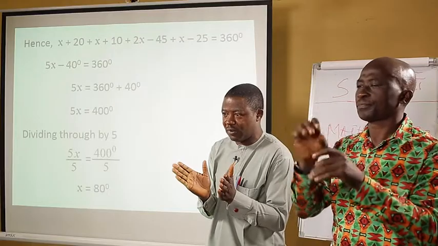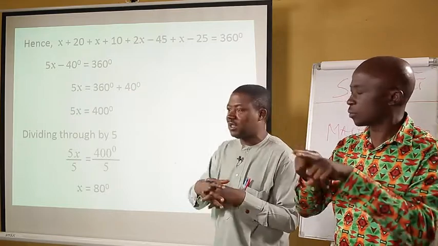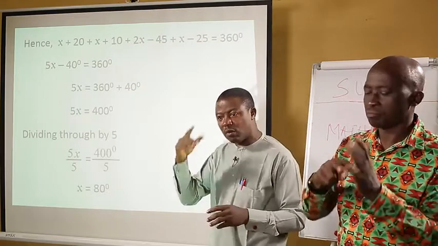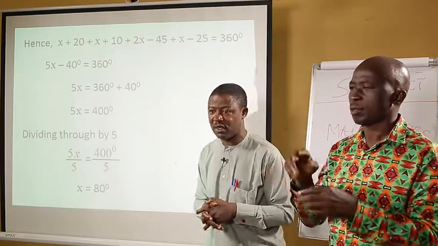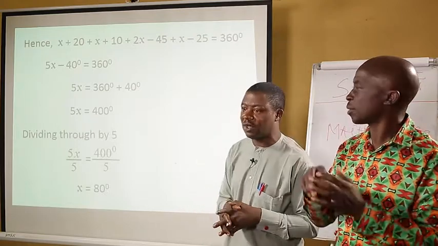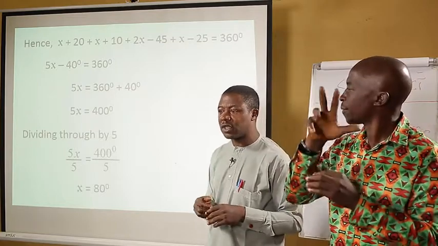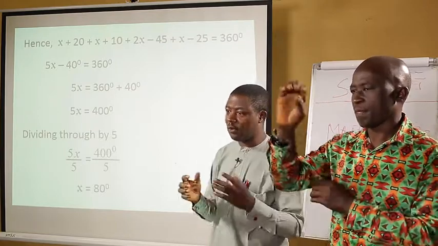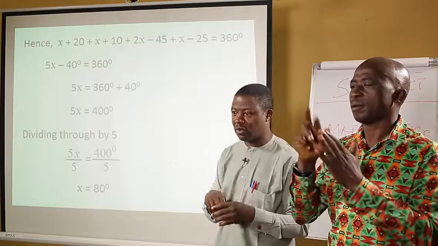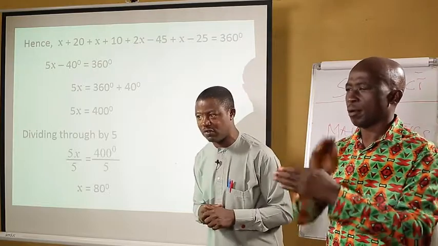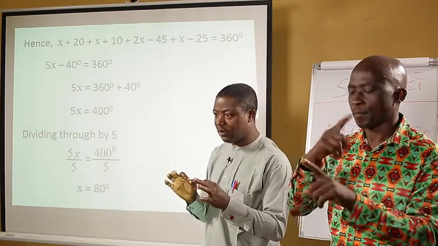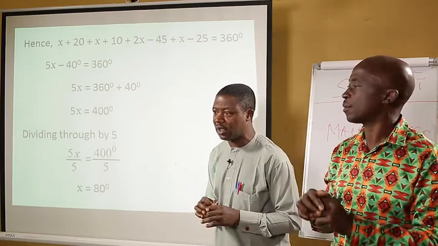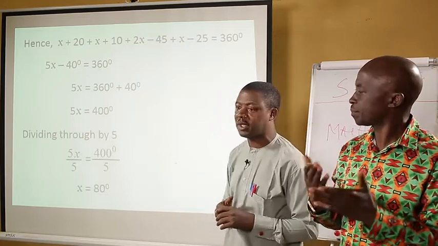Now we are expected to deduce the value of x. So we collect like terms. The 40 degrees will move to the right-hand side, becoming positive. So we have 5x equals 360 plus 40 degrees. Following the rule, when a number crosses the equality sign, it changes from positive to negative and from negative to positive. 360 plus 40 is 400 degrees.